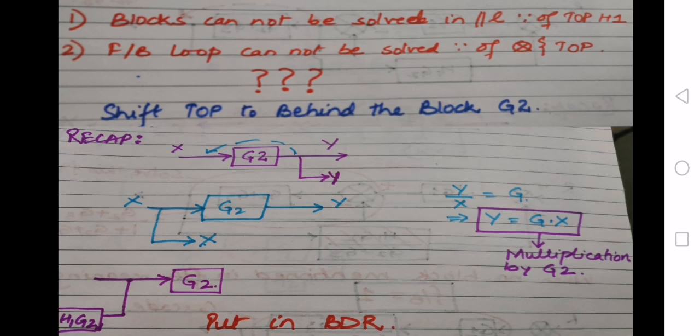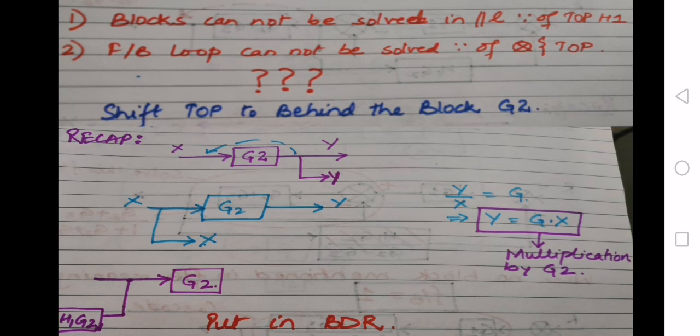The rule we are going to apply is to shift the takeoff point behind the block G2. Let's check how we accomplish it with a quick recap of this rule.